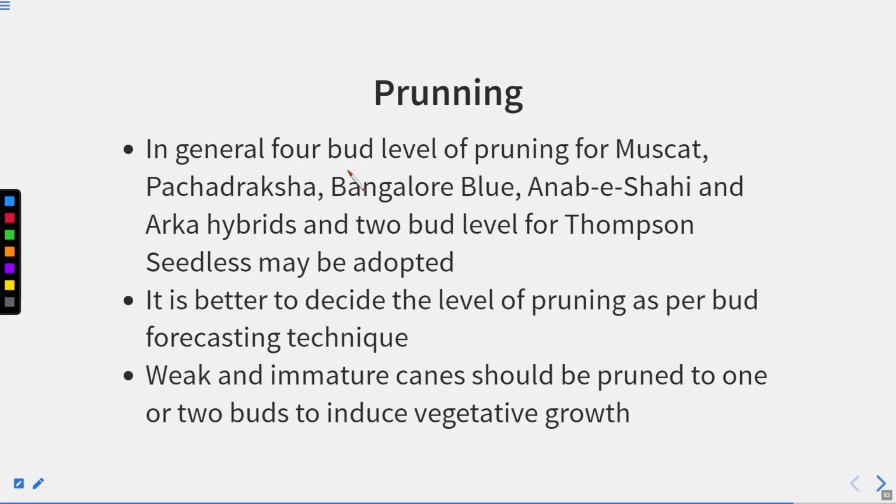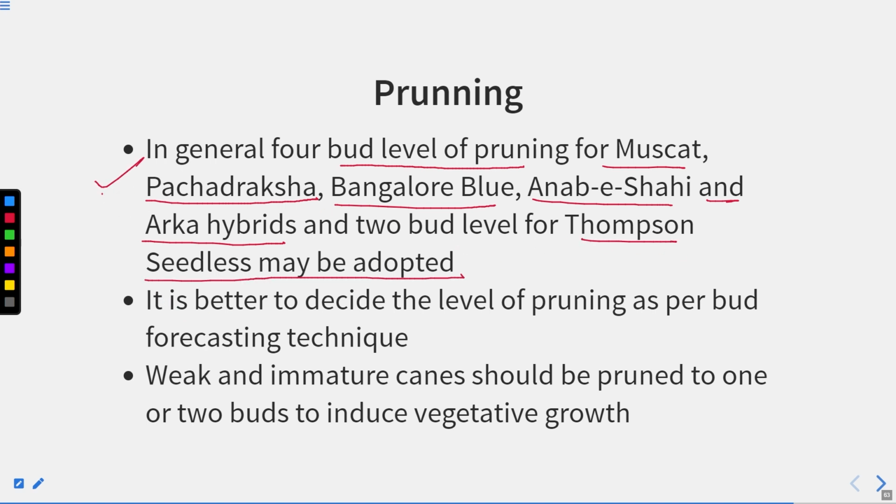Pruning. In general, 4 bud level of pruning for the muscat, Pacha Draksha, Bangalore Blue, Anab-e-Shahi and Arka hybrids, and the 2 bud level for the Thompson seedless may be adapted.